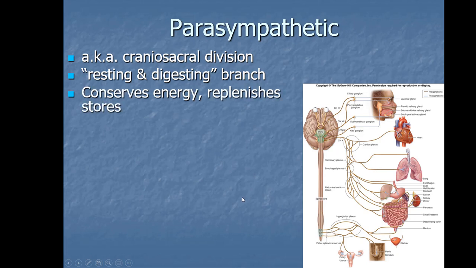It's called the resting and digesting branch because generally the parasympathetic nervous system is operating to slow things down and bring things back to a resting state. For instance, it will lower your heart rate. It's very active after you've just eaten, and it helps you digest food, so that's where the digesting comes in. So it would be really active while you're sleeping.